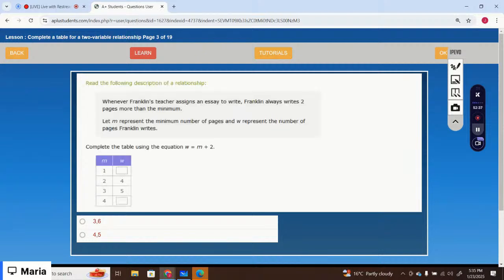Complete the table using the equation W equals M plus 2. So when W equals M plus 2, which is the correct option? That is option number 1, 3 and 6 is the correct option. Very good.